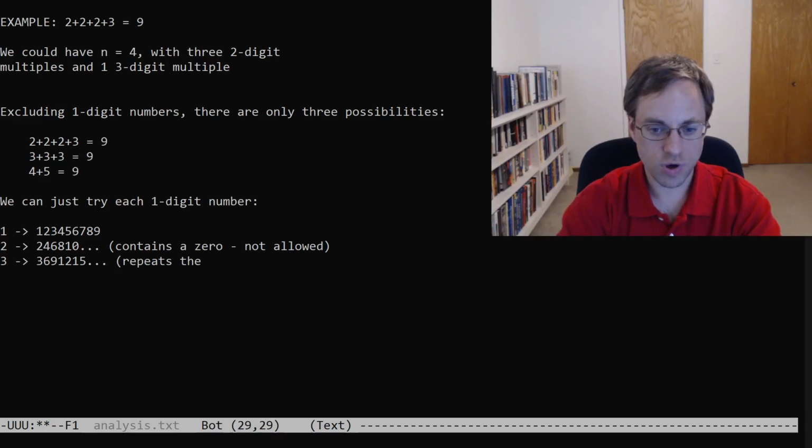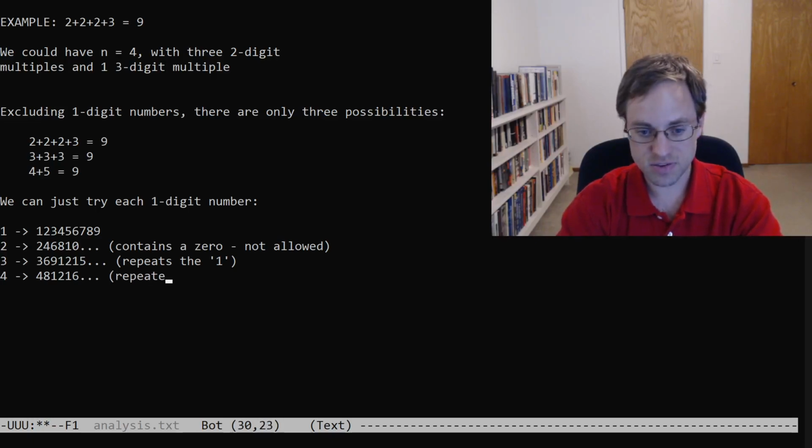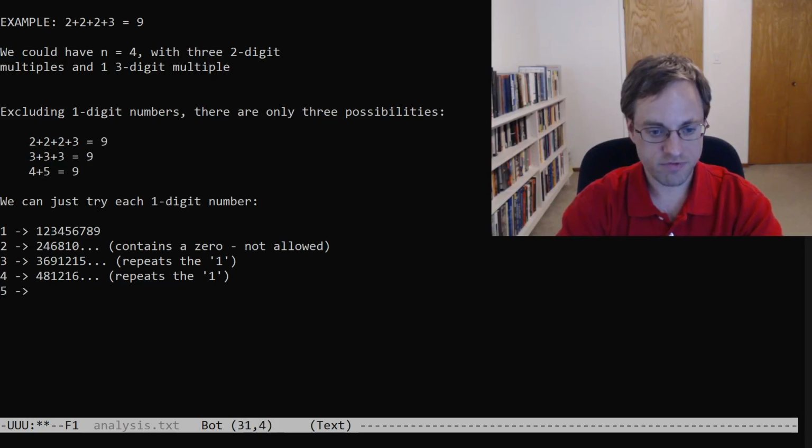Repeats the 1. 4 is going to give us 4, 8, 1, 2, 1, 6, which also repeats the 1. 5 is going to give us 5, 1, 0, contains a 0.